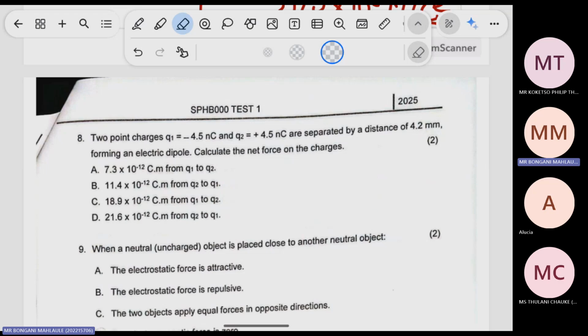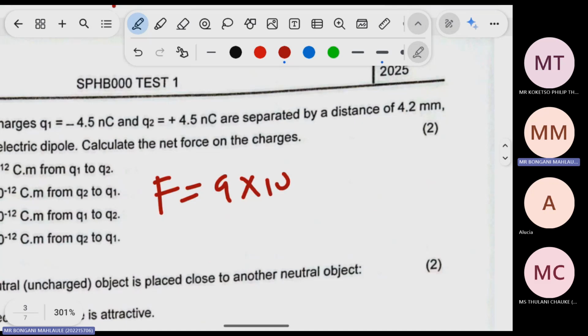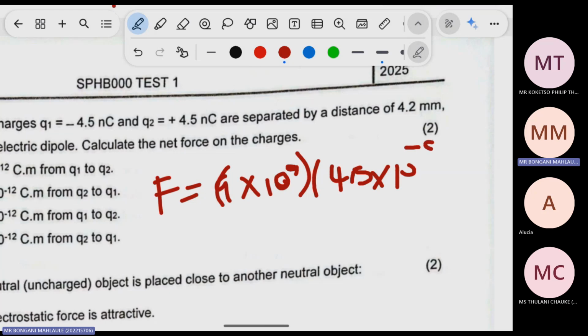The net force. Okay, that's what you're going to do, right? You'll say force equal to, oh, I placed the wrong... 0.5 times 10 to the negative 9.